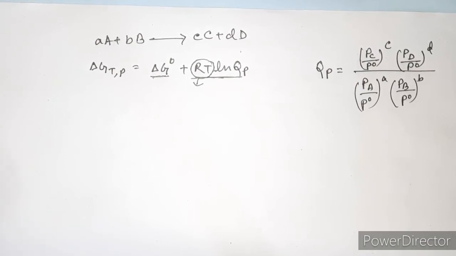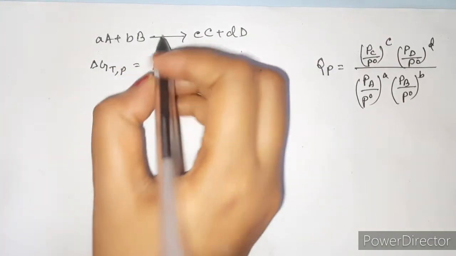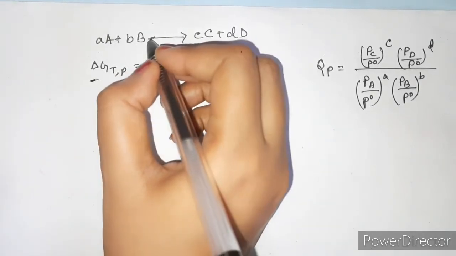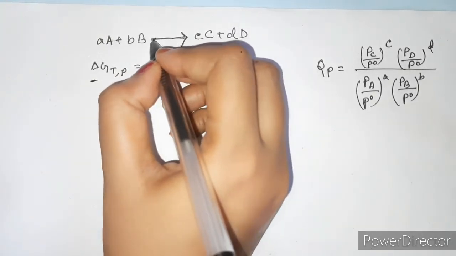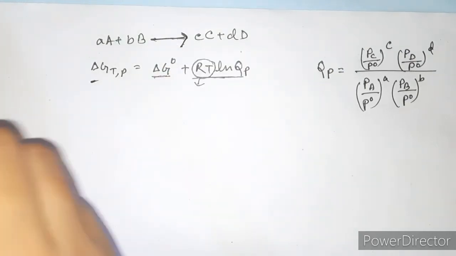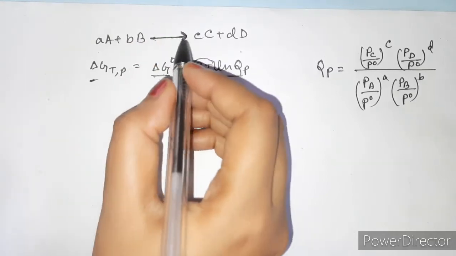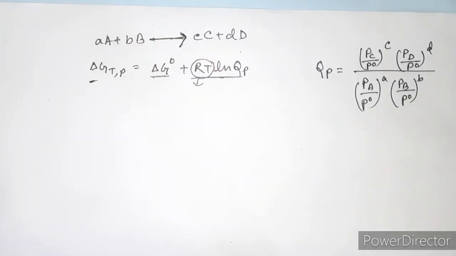This means that when the del G value is in a negative trend, then, this being the del G equation for the forward reaction, the forward reaction is the spontaneous reaction.